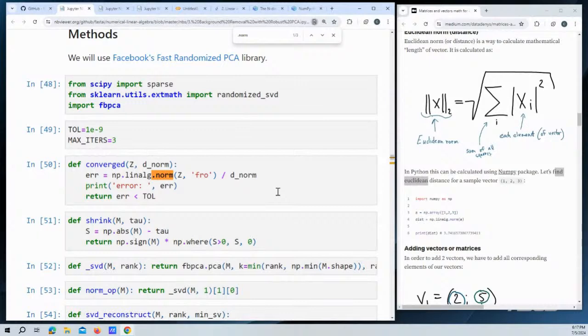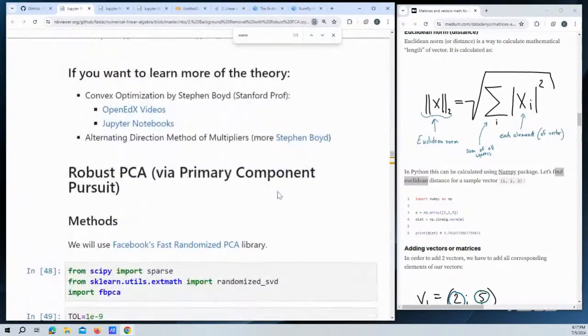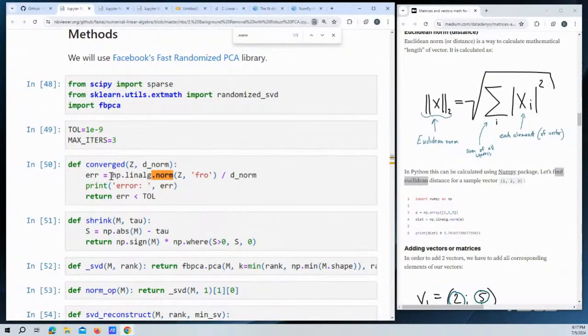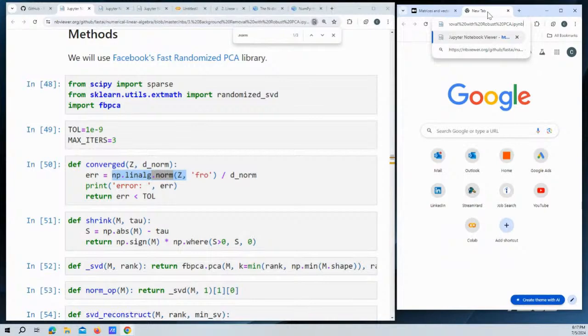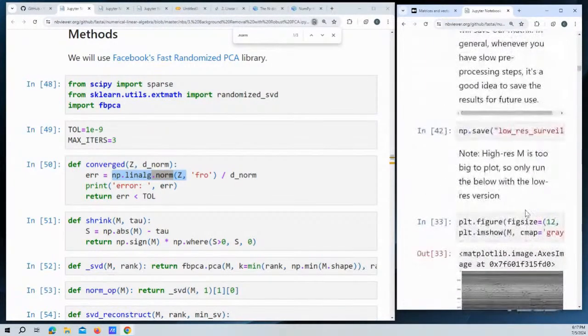Yeah, so when we're here and we're talking about building this robust PCA to remove the background, what we're doing here is not removing the norm, but multiplying the Euclidean distance.